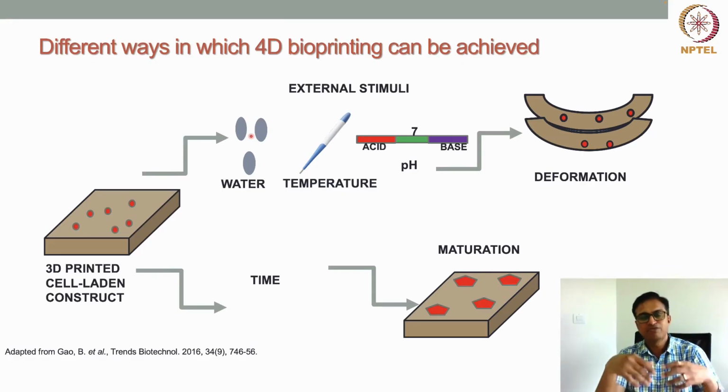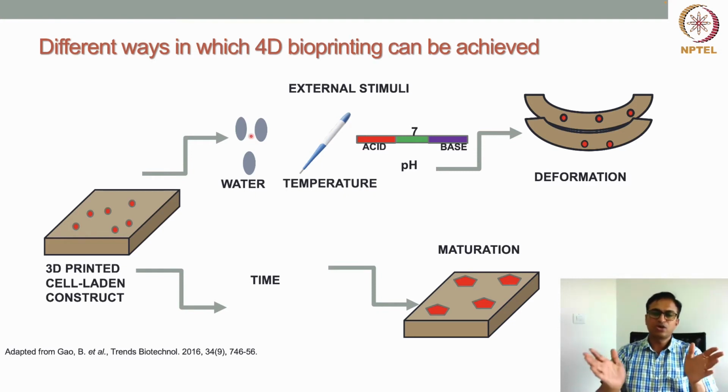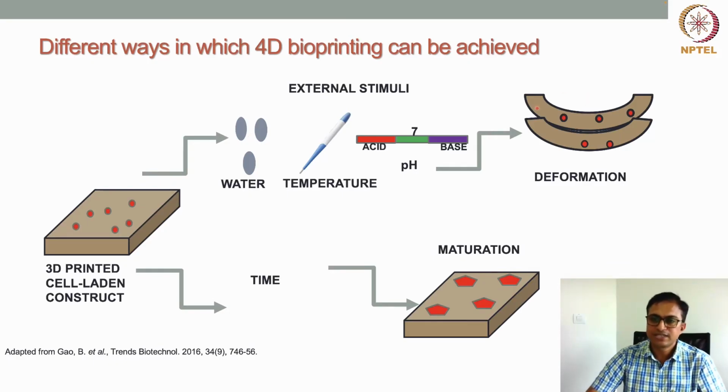If I subject this material to water, the layer with the higher swelling ratio will swell more, and the layer with the lower swelling ratio will swell less. So if there is differential swelling, there will be bending.